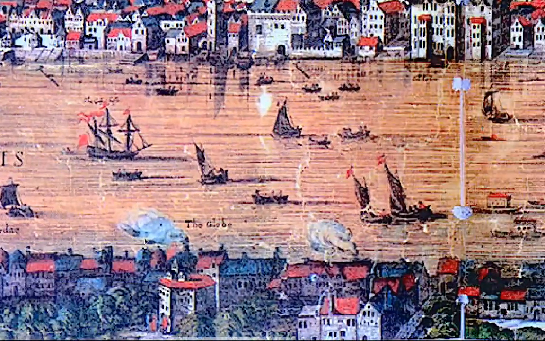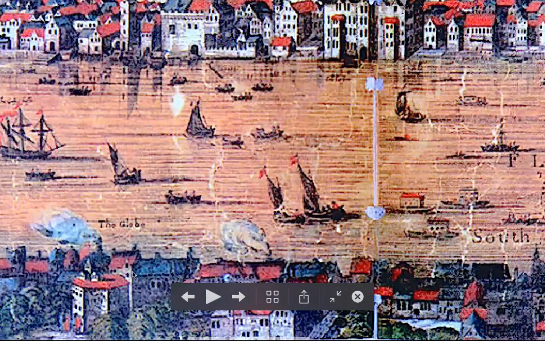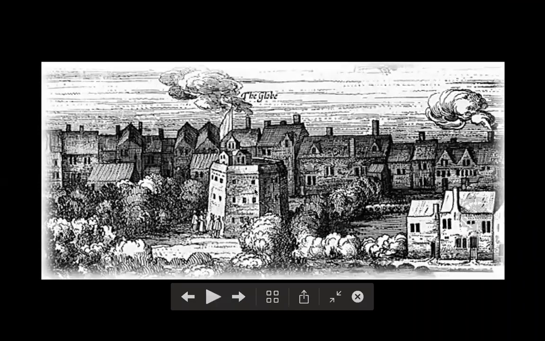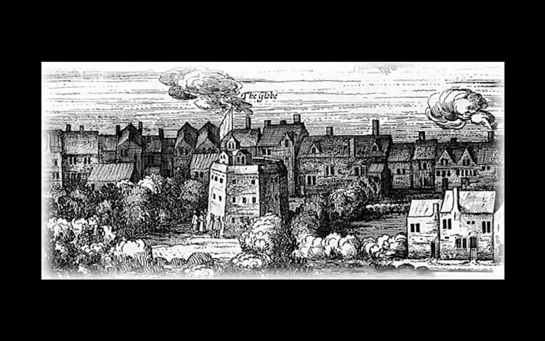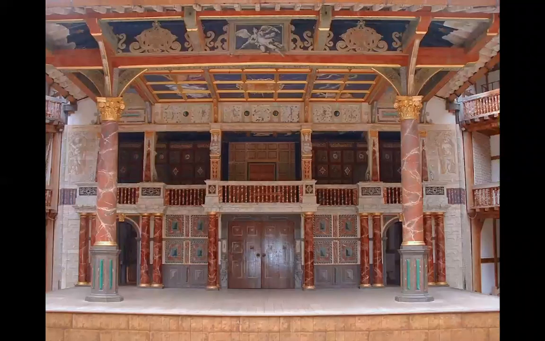And you can see here the Globe, which is one of Shakespeare's playhouses. So, a model reconstruction. And we know about this because there are lots of historical documents about it, and they have reconstructed the actual playhouse to its original splendor on the same exact site.